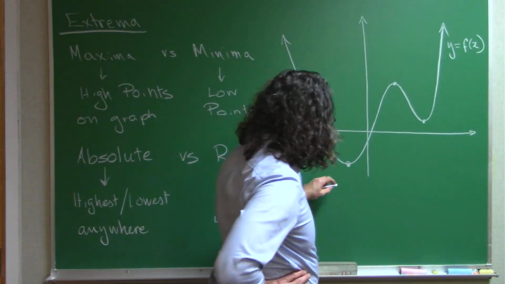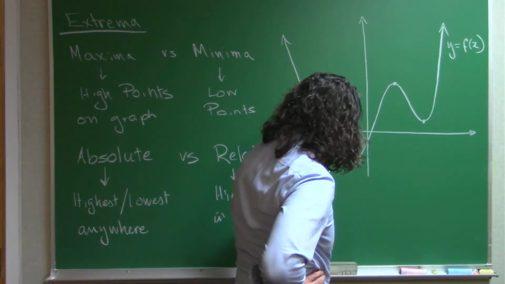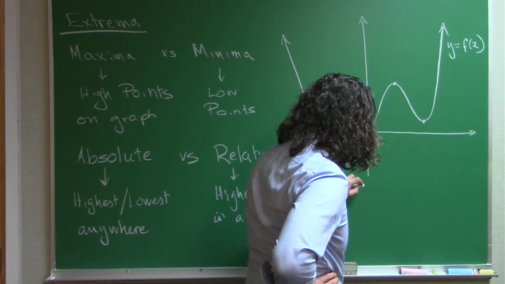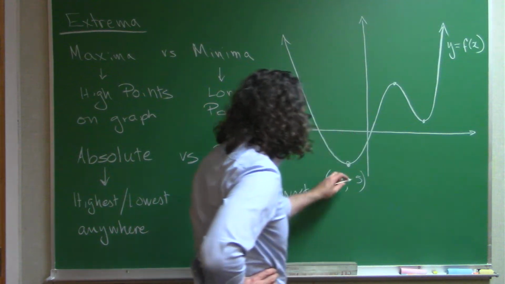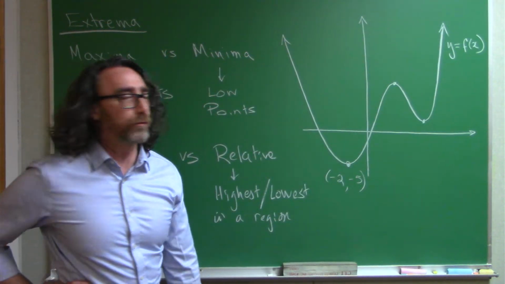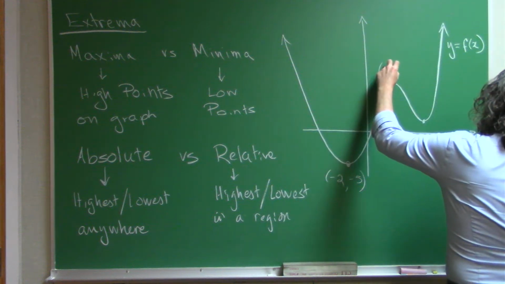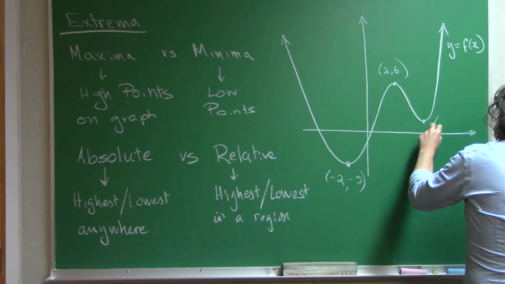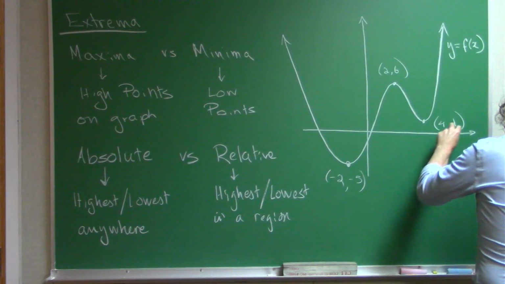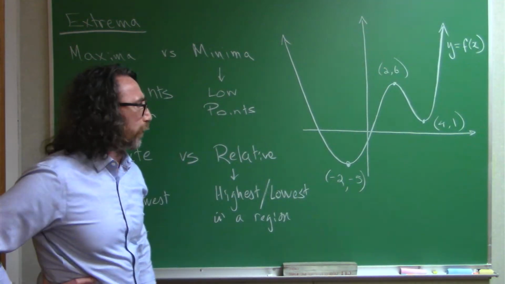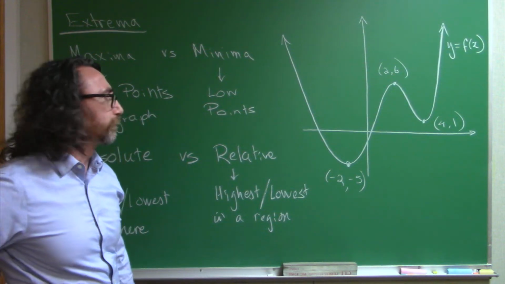Let's say this is -2 comma -5. I'm christening that point -2 comma -5, and I'm going to make this point 2 comma 6, and this point 4 comma 1, just so I can refer to some concrete values.